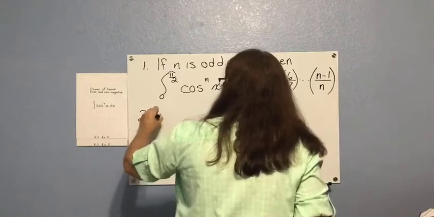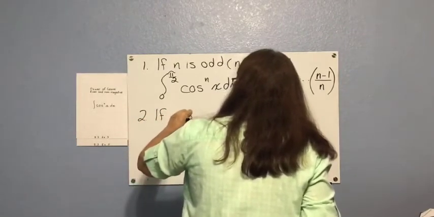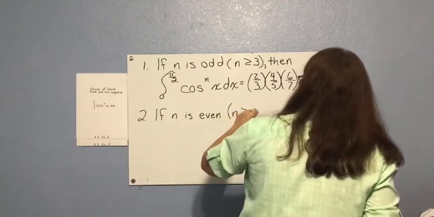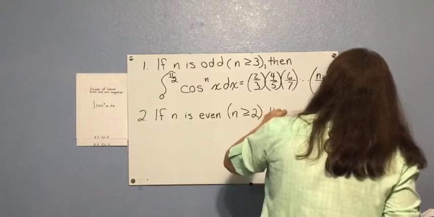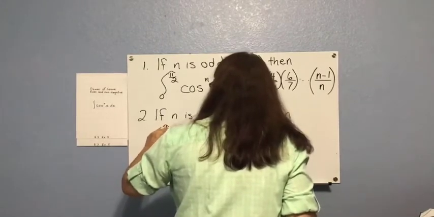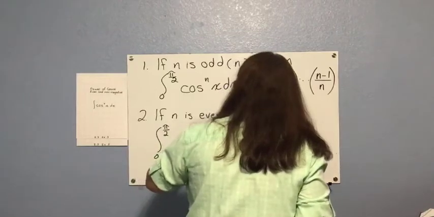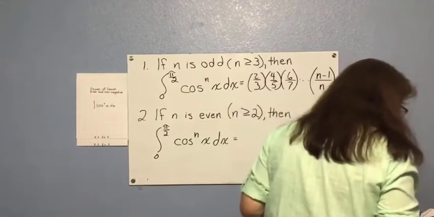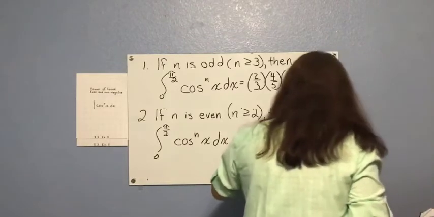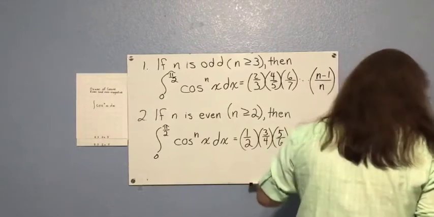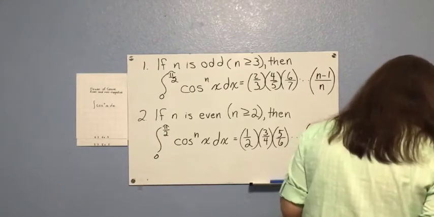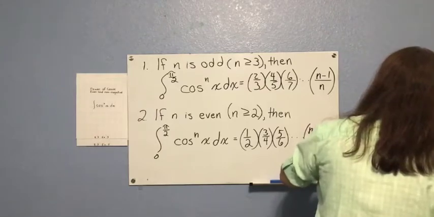And the second equation is like this. If n is even, and again we're going to stipulate that n has to be greater than or equal to 2, then this integral is equal to 1 over 2 times 3 over 4 times 5 over 6 all the way up to n minus 1 over n times pi over 2.